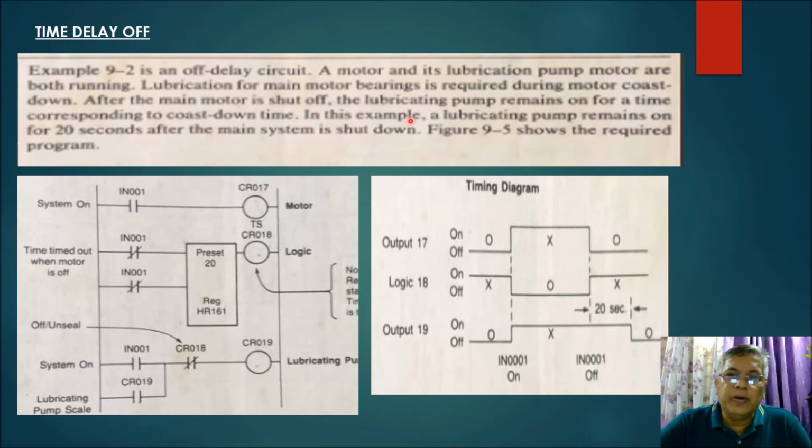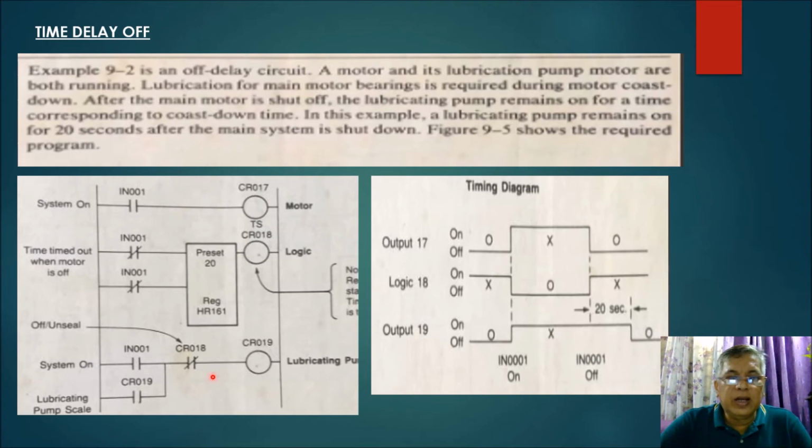So in this example, the lubricating pump, this one here, CR019, remains on for 20 seconds after the main system is shut down. Or in other words, if CR017 is shut down or turned off by releasing input 001 here, then the lubricating pump is de-energized. Okay? So, here's what happened here, no?